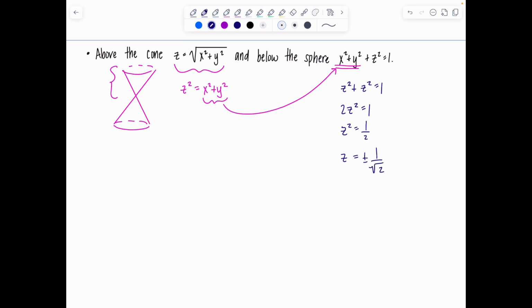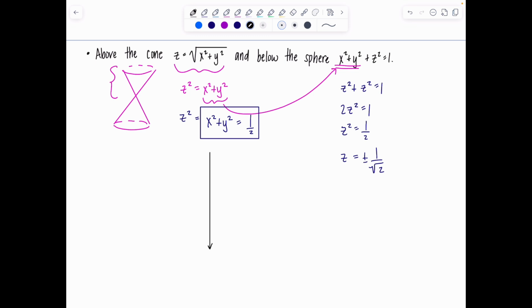That also corresponds to, z squared is also x squared plus y squared. So x squared plus y squared is 1/2. So basically they intersect in the circle centered at the origin, and radius is 1 over rad 2. I misspoke, excuse me.